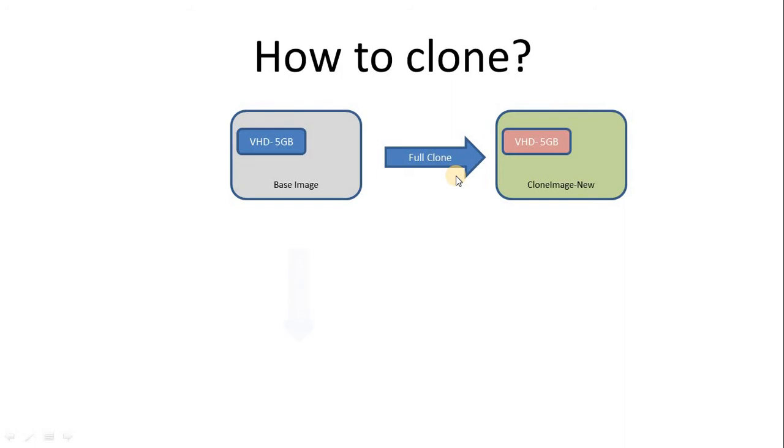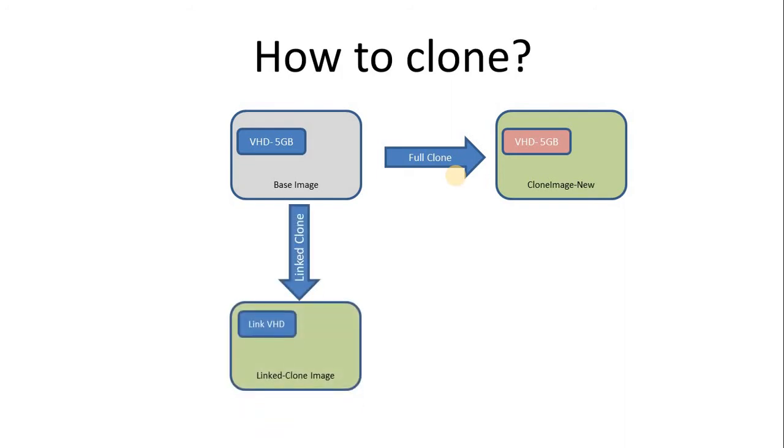But when we try a linked clone, an image is created, but in this case the hard disk is shared between the linked clone image and the base image. Therefore it is essential that before you power on your linked clone image, your base image should be up and running.